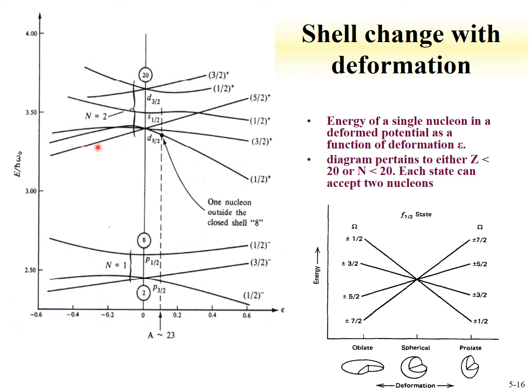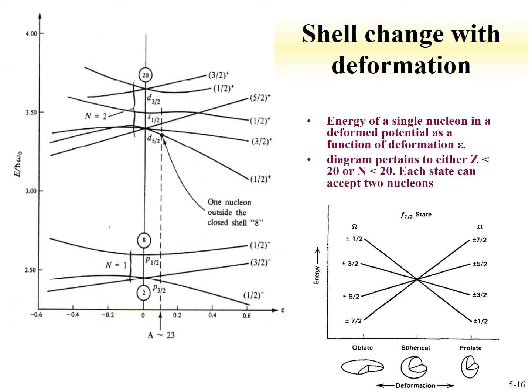We can now only put 2 nucleons into each of these levels. Or if we go prolate, as shown here, the splitting goes in the opposite direction. The key is that I can take a spherical model, and then by having the nuclear shape change from prolate to oblate, I can have a different spin and parity.